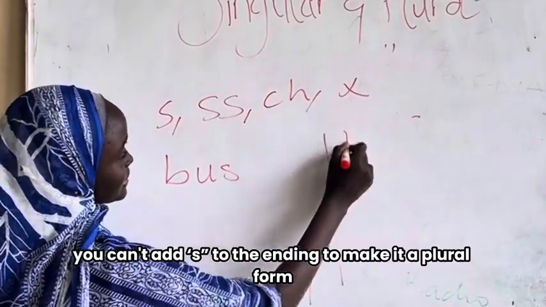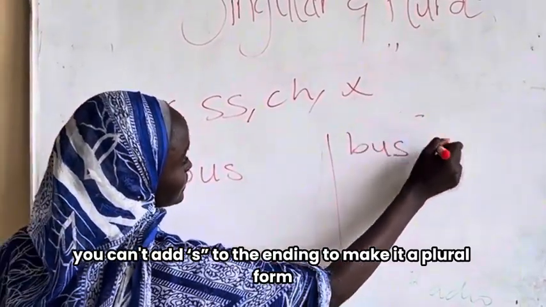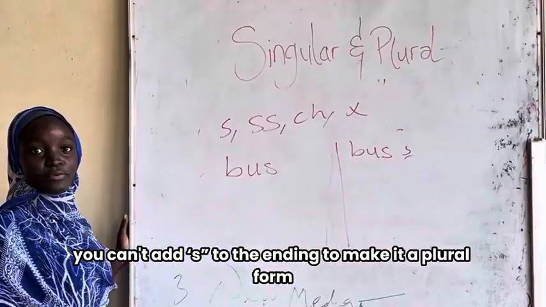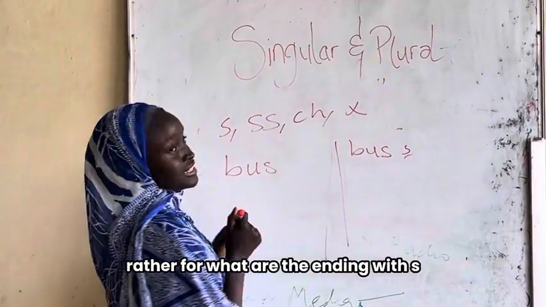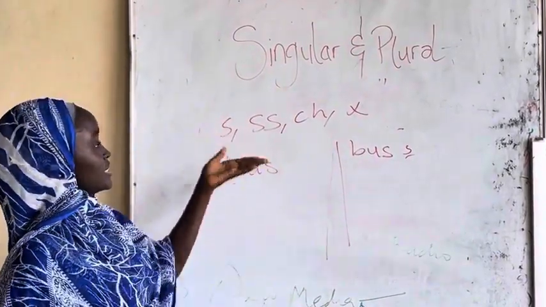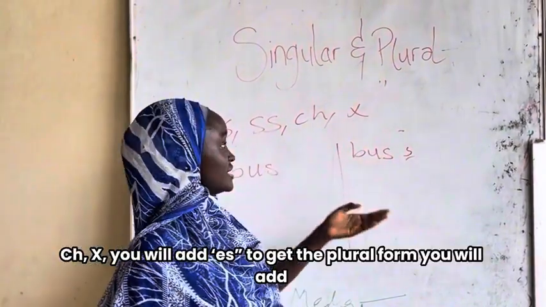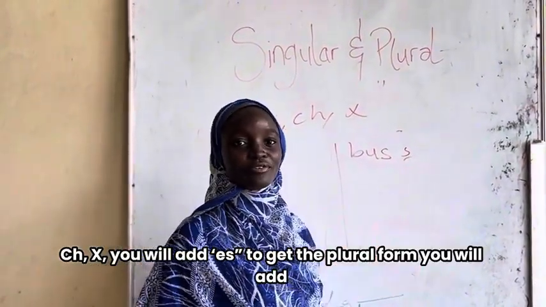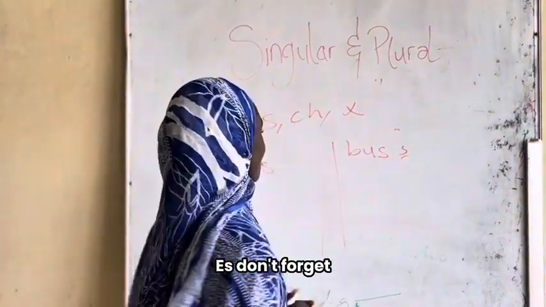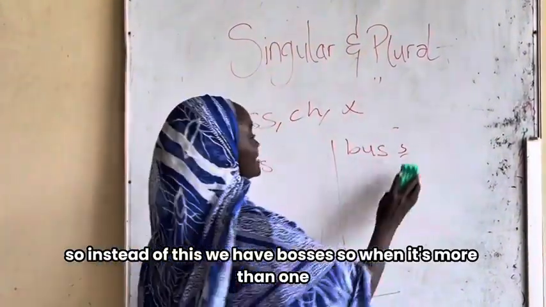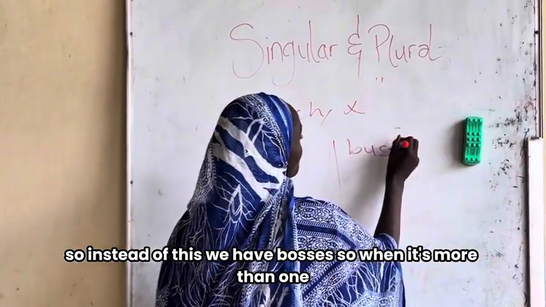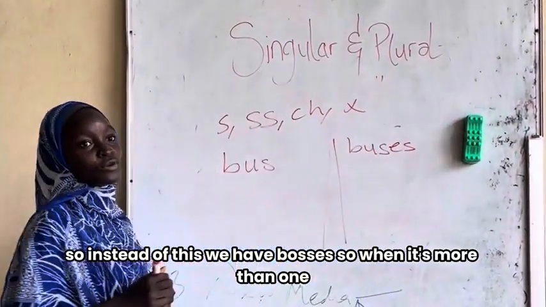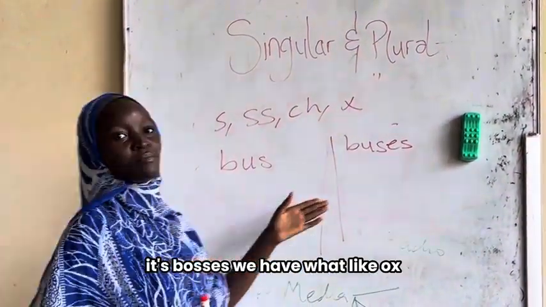You can't add s to the ending to make it a plural form. Rather, for words ending with s, x, ch, you will add es to get the plural form. You will add es, don't forget. So instead of this, we have buses. So when it's more than one, it's buses.